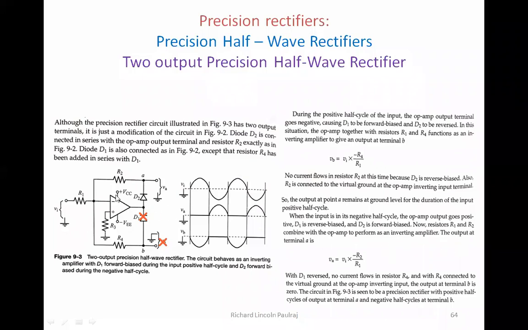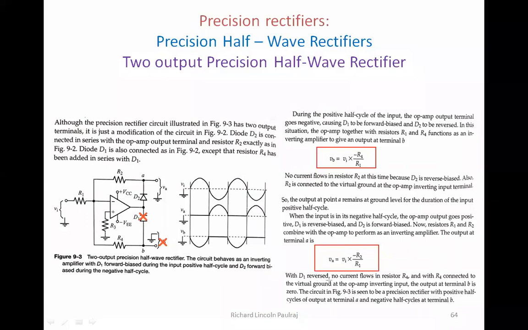And we're going to have a combination with R2 and R1. So here you can see instead of R4, it's been replaced with R2. So minus R2 by R1 is going to be your formula now. At VA, minus R2 by R1.